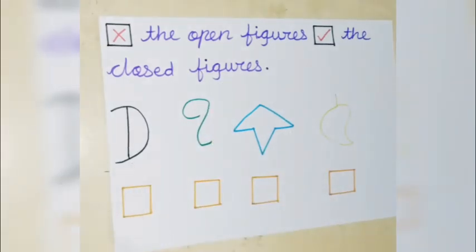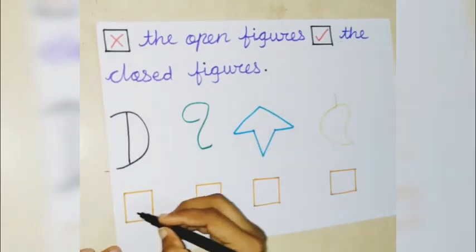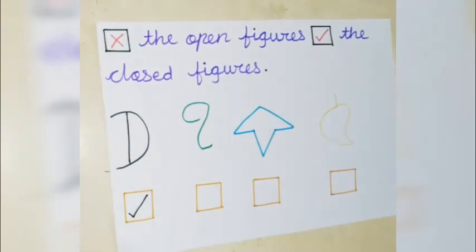Children, see the first example. Yes, the first example is closed. Here it is closed. Here also it is closed. So, this is a closed figure. So, for the closed figure, we will tick.